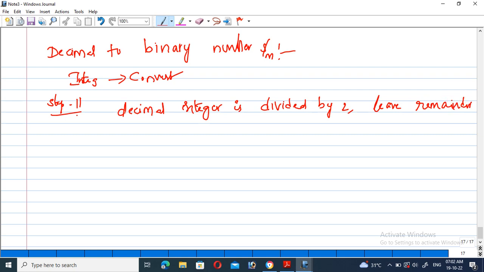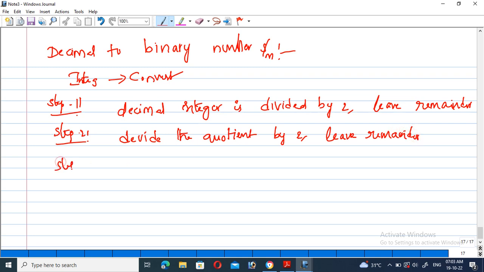Step two: divide the quotient by 2 and leave the remainder.